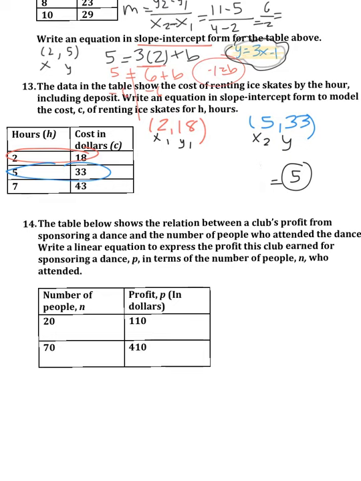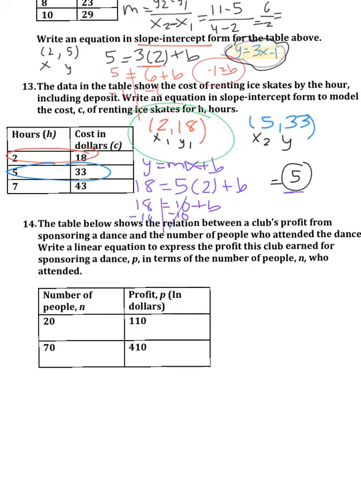I personally am going to pick 2, 18. And I am going to put that into y equals mx plus b. So 18 is my y. 5 is my m from over here. 2 is my x plus b. 5 times 2 is 10. I'm solving a one-step equation. It's a positive 10.